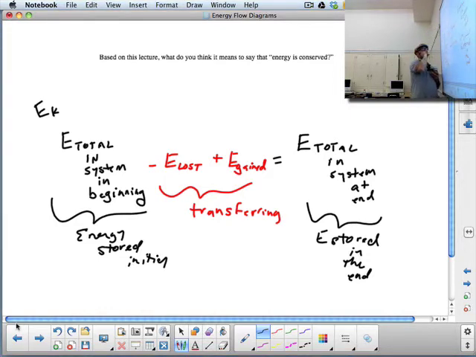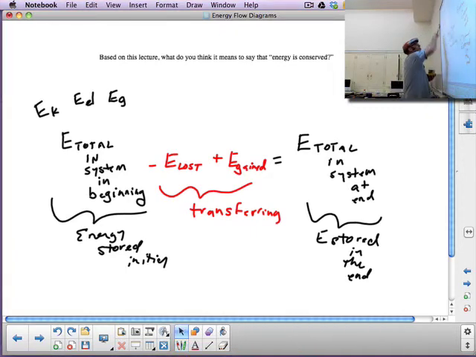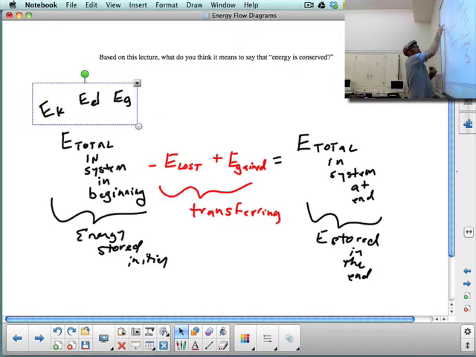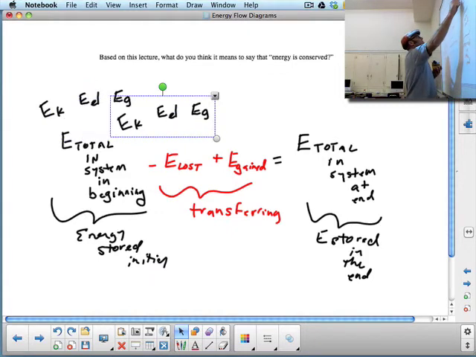What else? Okay. E elastic. What else could it be? Gravitational potential. How about we just call it EG? Everybody good? So this side is the same all over again. The same three. Okay? So I'll clone them and I'll put them over here.